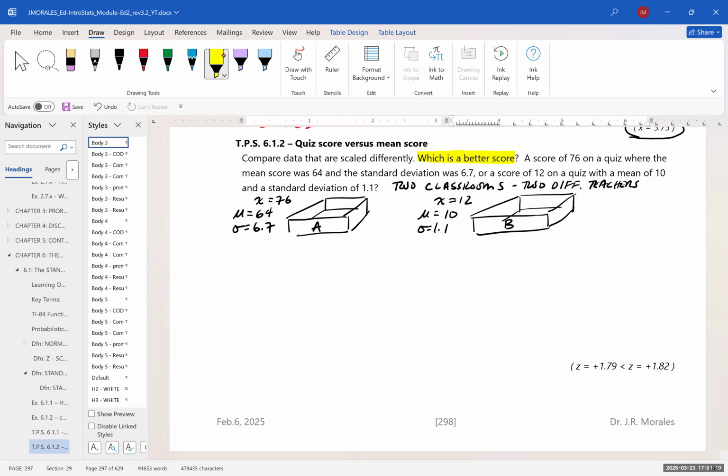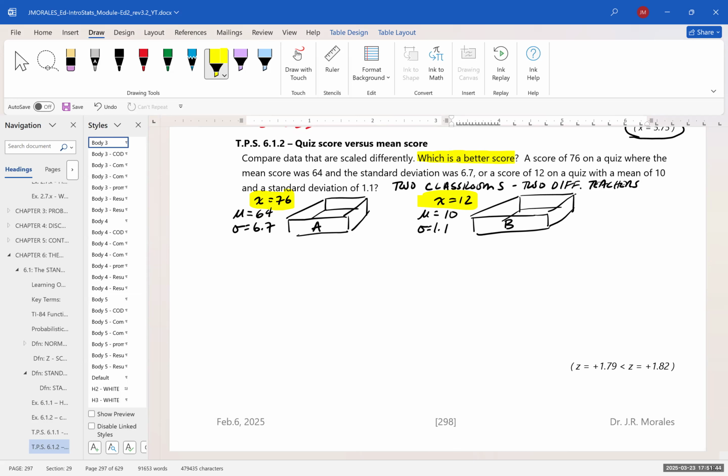So the question is, which student did better between either class? Now, you can't exactly say that the student who scored a 76 scored better than the other student with a score of 12 because 76 points is more than 12 points.